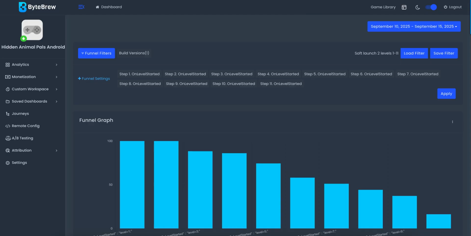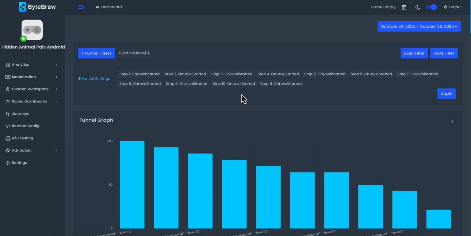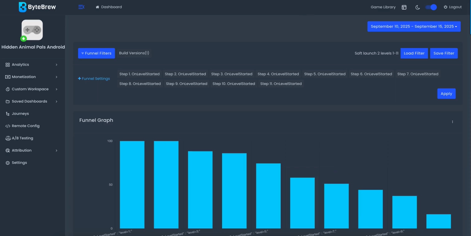If you look at this curve, although I lose a few people, this is soft launch 3. Although I lose a few people between level 1 and level 2, actually it steadies out here now. Level 6 to level 7 is steady. We don't lose anyone. Whereas in soft launch 2, we were losing people still.